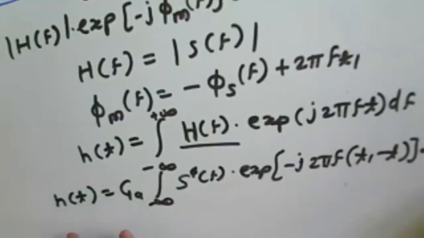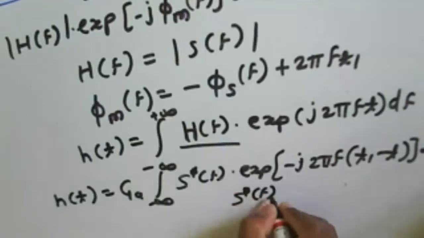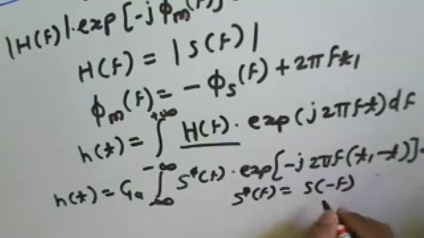Or we can write it another way also. The S of the complex conjugate of f is equal to S of minus f.